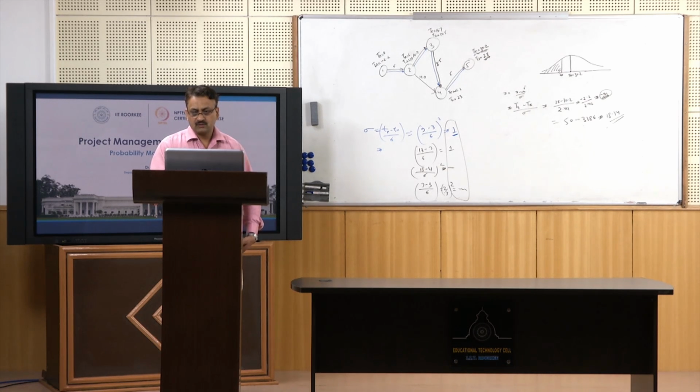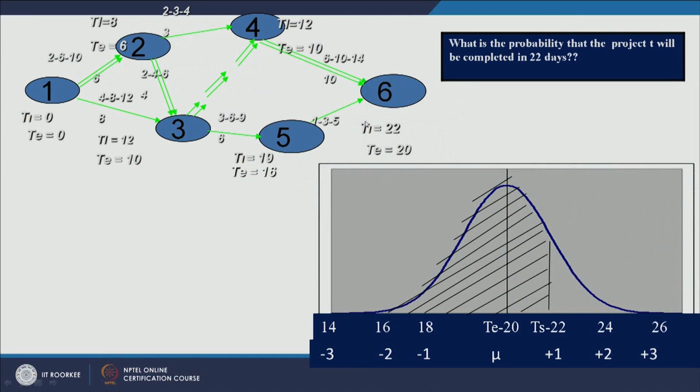Now let us look at this network. Here T is 20. Now what is the probability that this project will be completed in 22 days? It's very simple.